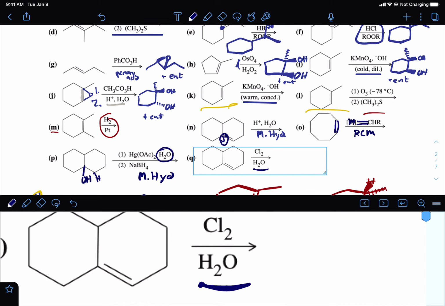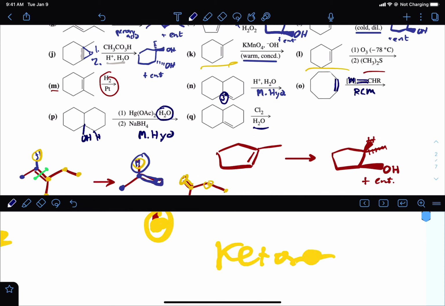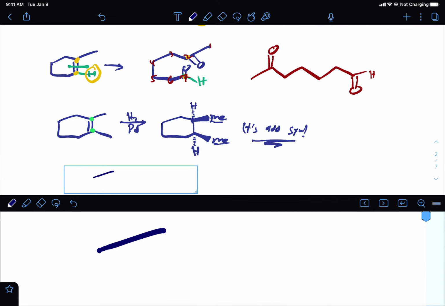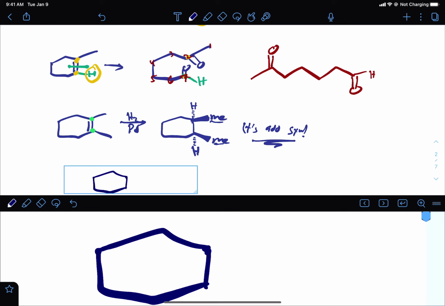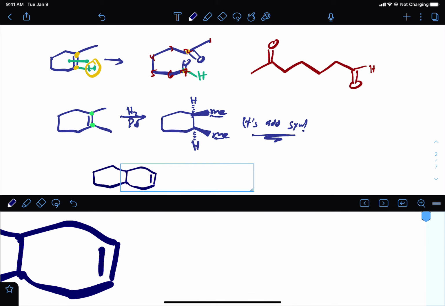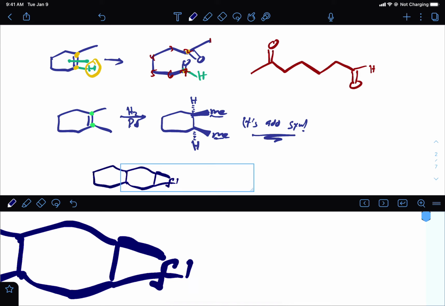And that's actually what happens here, the water pops open the ring instead of the chloride. So this looks like this. They happen to give us two rings. That's okay. We'll make the chloronium ring. So we'll make this like three-membered chlorine ring.